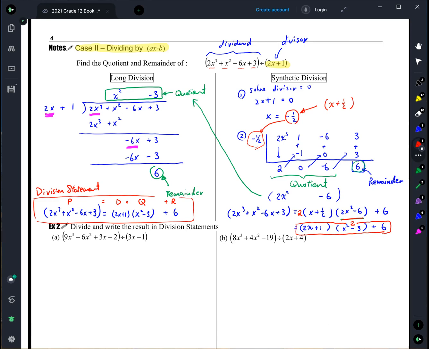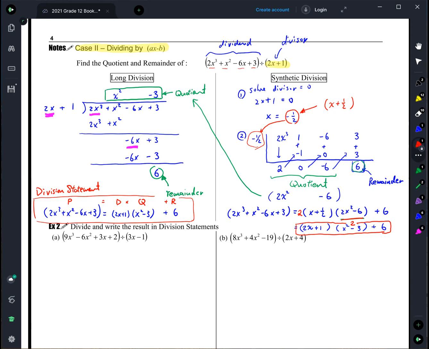Okay, it's because we need to match the question, right? The question has a divisor with a 2x plus 1, but we pretend, right? When we did the synthetic, we pretend the divisor was x plus half. So in order to correct that, we multiply by 2, but then at the same time, you need to divide the quotient by 2 in order to balance out.